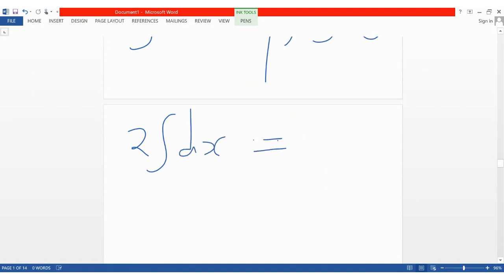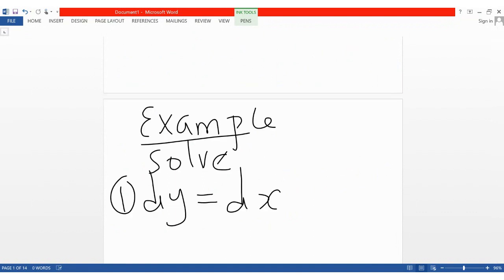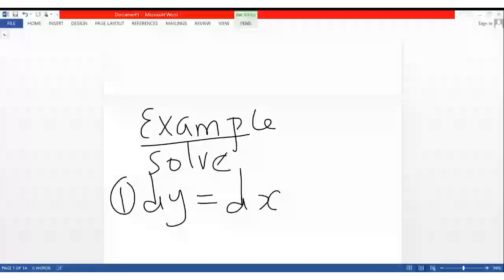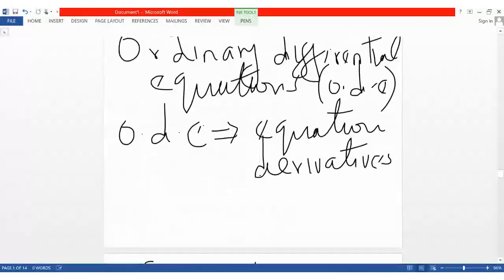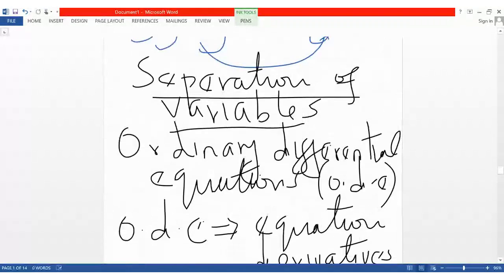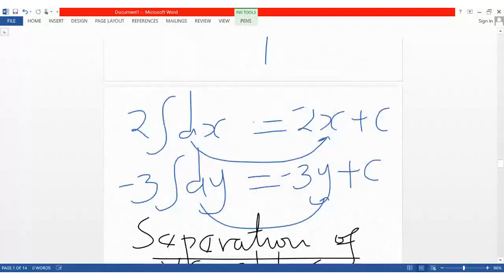If you can get that one, then at least you have gotten it. I had muted a bit, so I have to repeat. You integrate 2 dx, you get 2x plus c, and negative 3 dy gives negative 3y, because when you integrate dy, you get y.